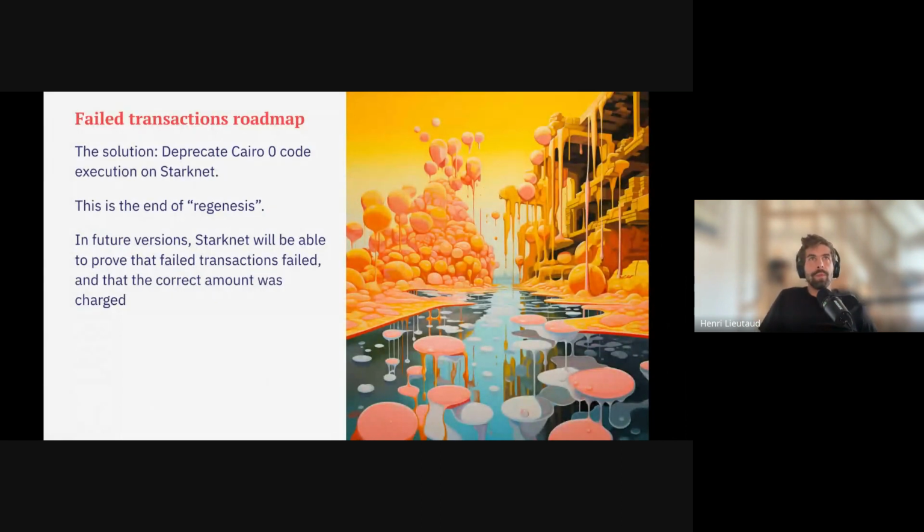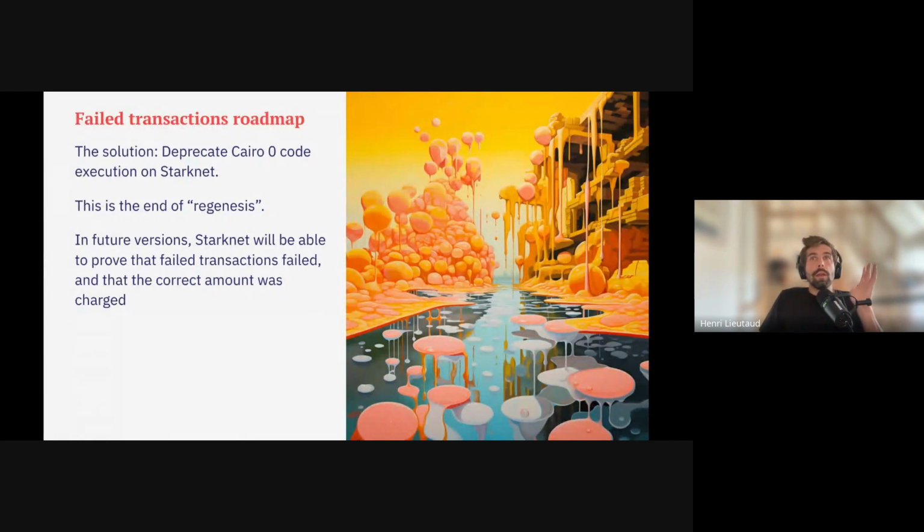So what we have in the pipeline for this specifically is twofold. The first one is Cairo 0 code is going to be deprecated on Starknet eventually. You're not going to be able to execute Cairo 0 code, and so whatever code you execute on Starknet will have to be Cairo 1. And so this means that everything you do will be provable. This is the end of a process that is called regenesis, which I think you talked about in earlier sessions.